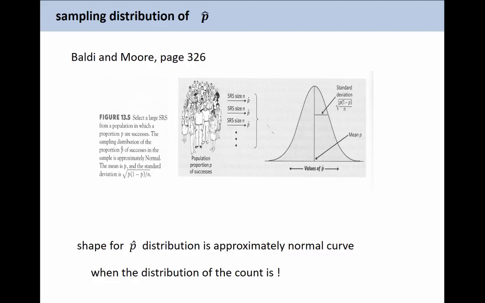But the bottom line for us is that the shape for a p-hat distribution is going to be approximately a normal curve when the expected counts are large enough. So you have everything you need to check when we can look at a sampling distribution of p-hat and work out when we have license to use the normal curve if we want to.